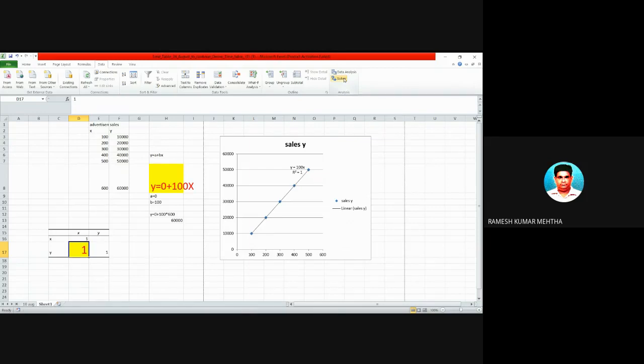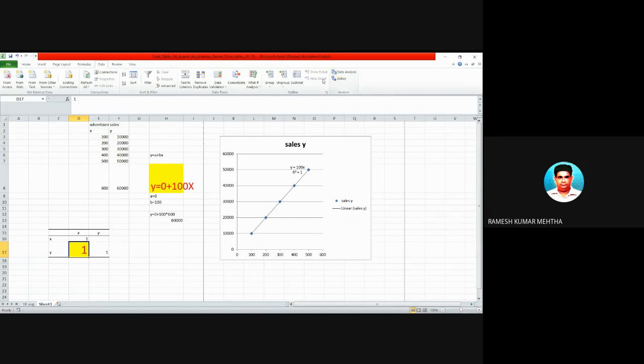A mathematician, a statistician, a faculty member doing research, and a student who wants to do good research in SIP and dissertation should know statistical tools like data analysis and Solver, because these are open source tools, easily available, and can be exploited and explored.